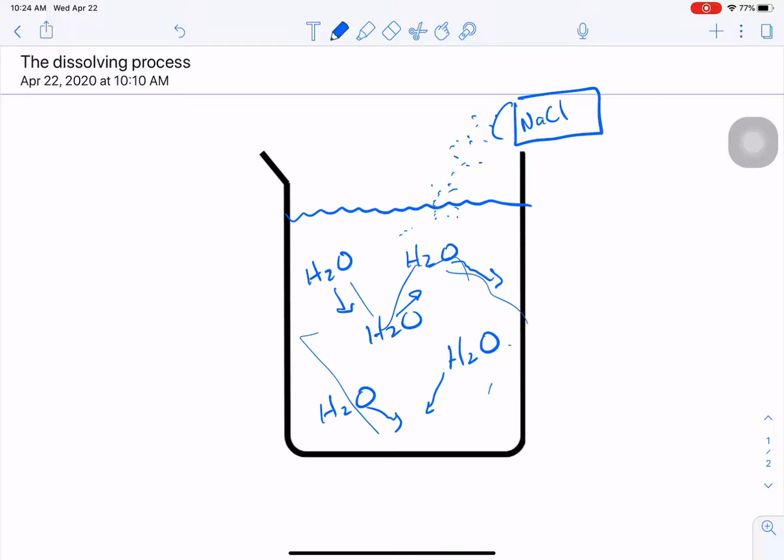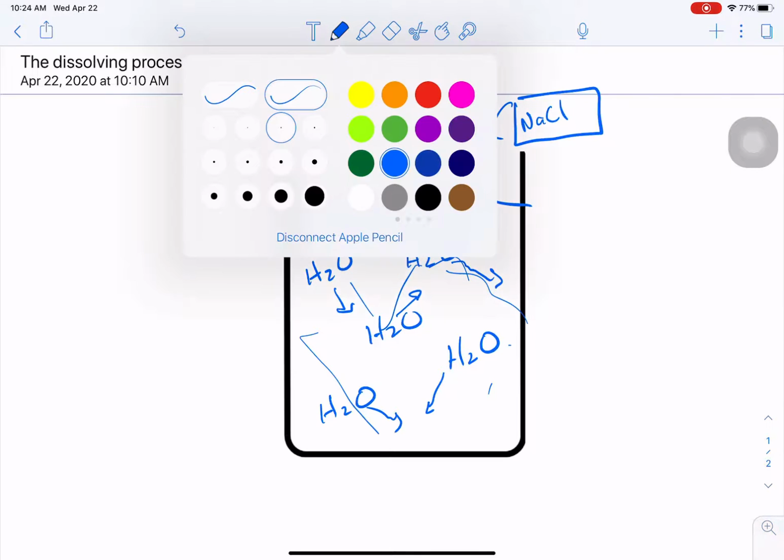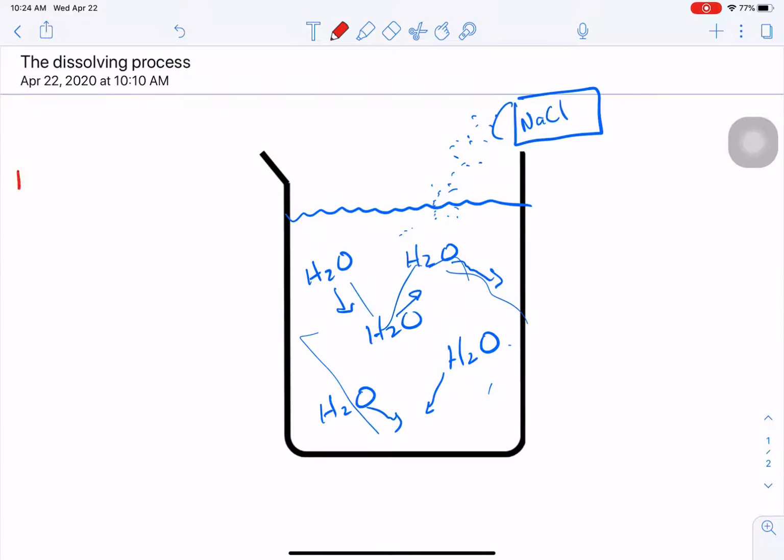All right, so I'm going to make a little list here as I go through this. So number one, random motion. Okay. Number two, collisions. Okay. Now, what happens when the H2O collides with the salt is it's actually going to weaken that electrostatic force.